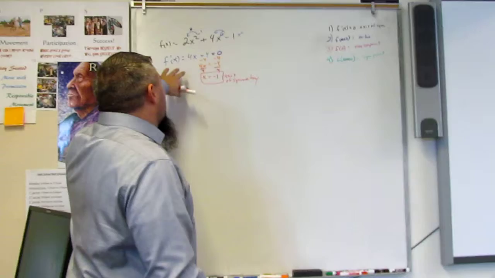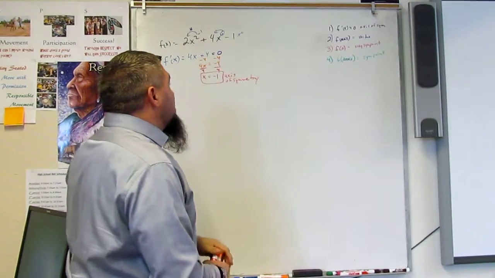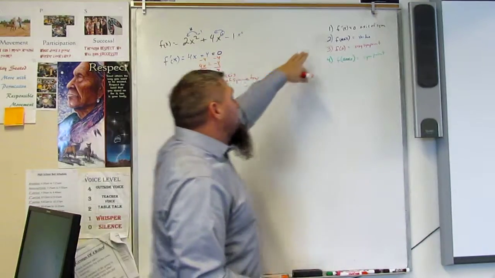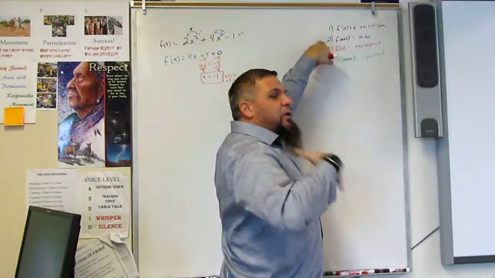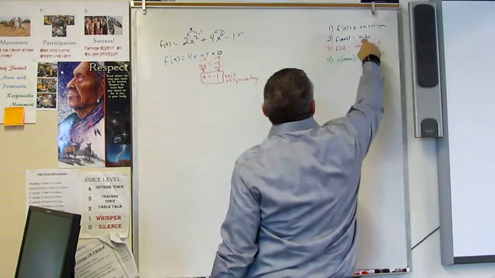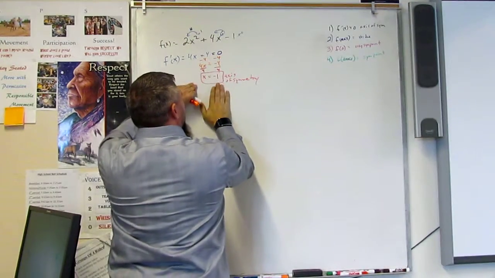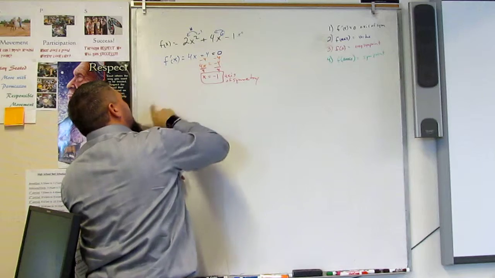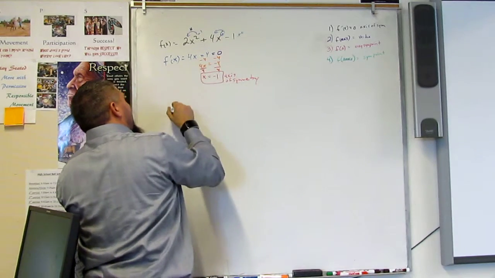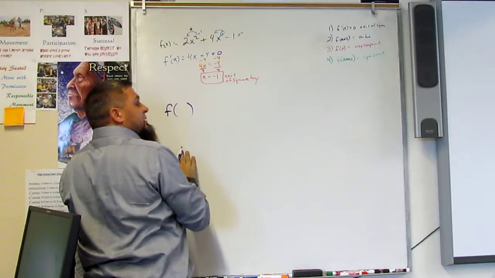Alright, so now I want to go into the next one. The next one is the function of the axis. To find the vertex, all I've got to do is take this and plug it into f of x.